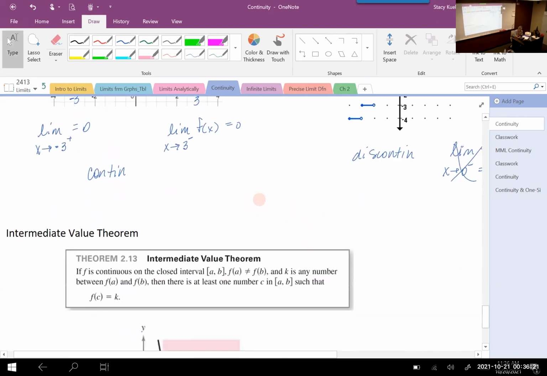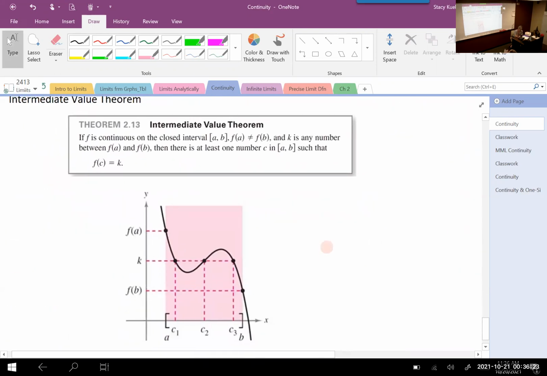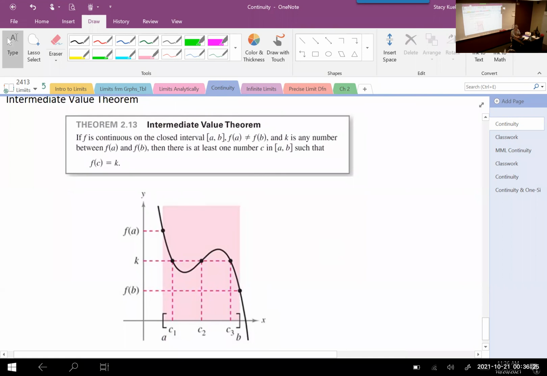Okay, the last thing that we want to lead to would be the intermediate value theorem. The intermediate value theorem is useful for us when we start taking derivatives in the next section. We can use this idea of continuity to talk about roots of a function.